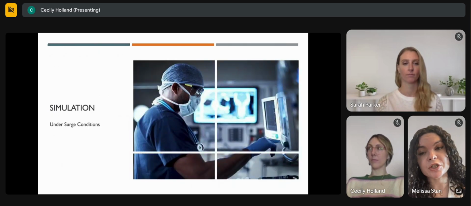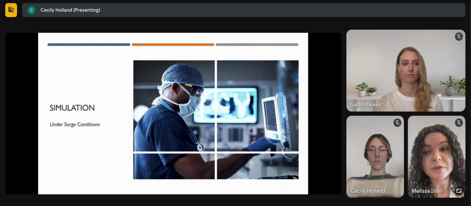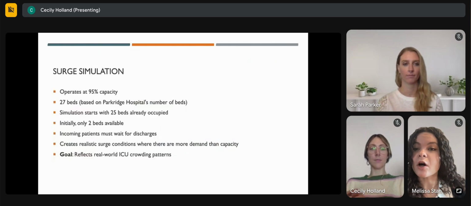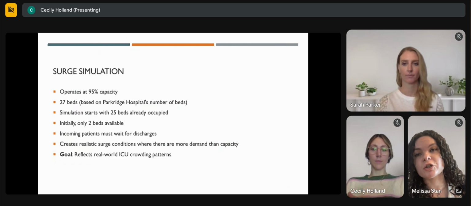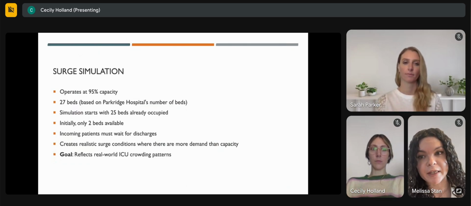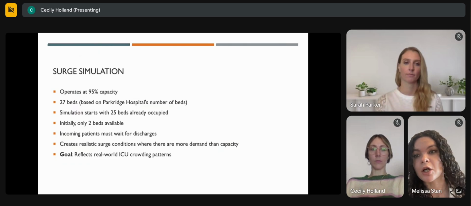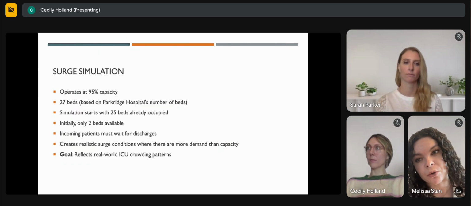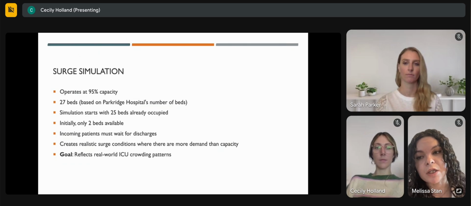Okay, for the simulations, there's a couple of conditions that we need to instill. Let's go ahead into the next slide. Okay, so for the surge simulation, we have to make sure that the ICU operates at 95% capacity. Now, having that high capacity is because we're trying to, again, make it like a surge situation where there's a bunch of patients coming in through the door, but we are also operating where there's patients already on the bed. Now, speaking of beds, we're using 27 beds.